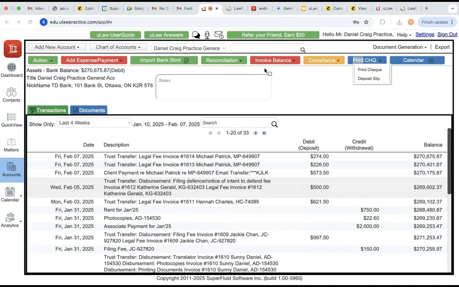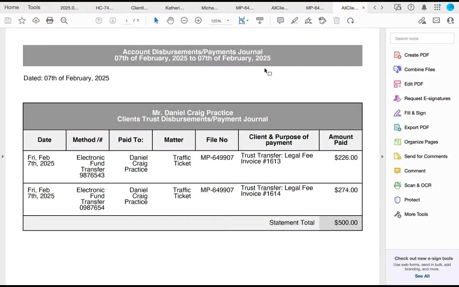Showing you all the payment journals once again. This one shows only legal fees that was transferred out of trust to the general.